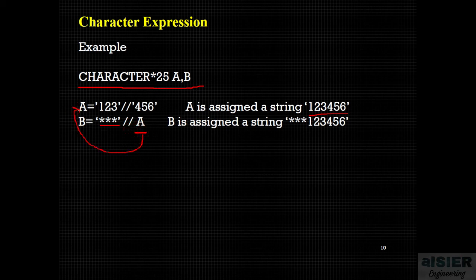A is 123456. What will we get as output? We will get 3 stars and then A, which means 123456. Now we will see one example, and using that example we will try to understand this character expression.